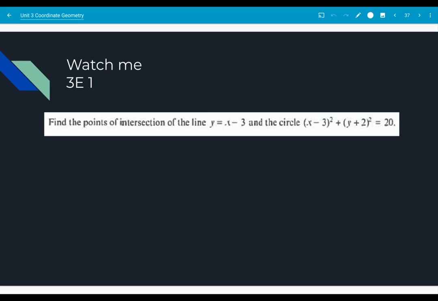Let's try another one. So we're finding the points of intersection of the line y equals x minus 3 and the circle. So I have x minus 3 squared. Remember, points of intersection is where they cross, so it means their values are the same.